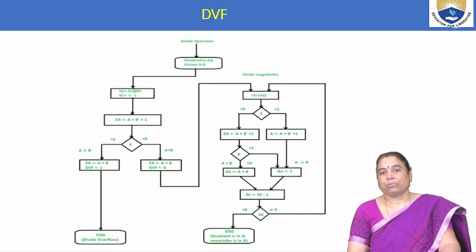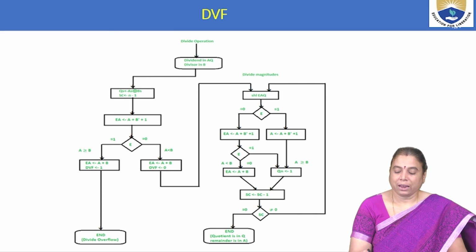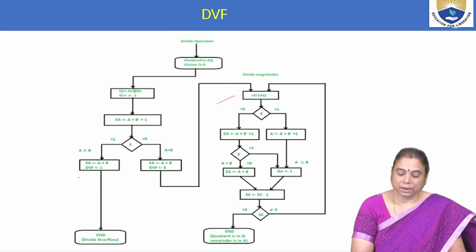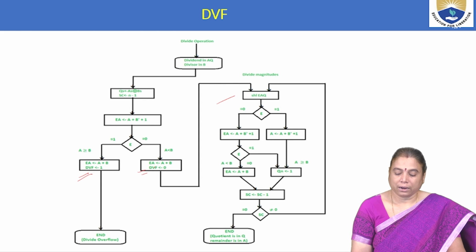That's why, before going into the division by either the restoring or non-restoring method, first check whether a divide overflow can occur or not. After the subtraction is performed with 2's complement addition, the E value can be checked.